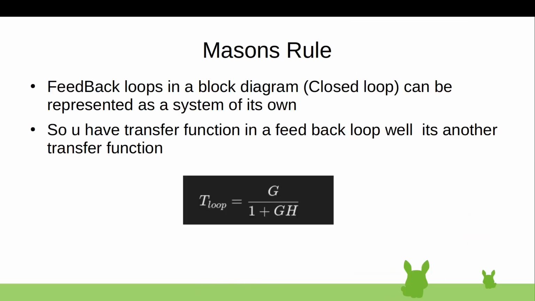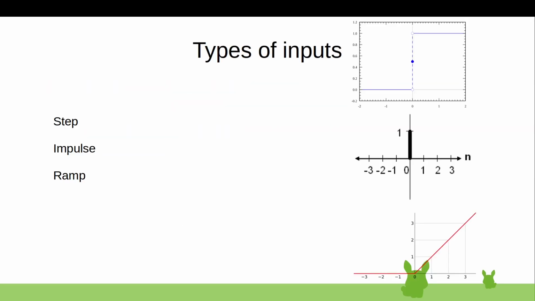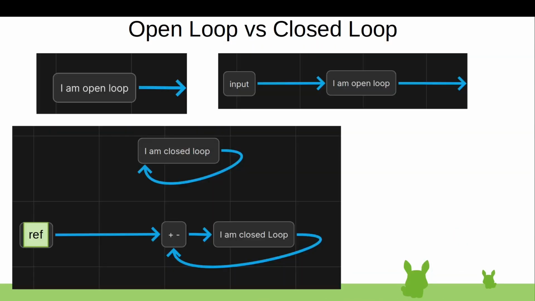It is Mason's rule, and I won't get into it too much yet because I'll get into it a little more later. This is not even the complete Mason's rule that's being shown here, but basically block diagrams with loops can be simplified into one whole system itself.